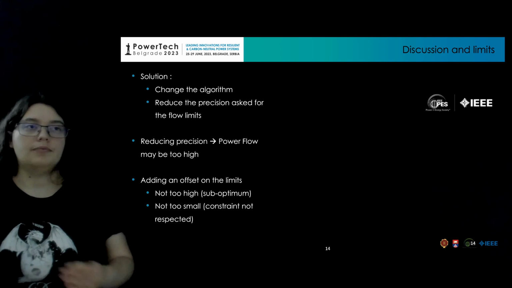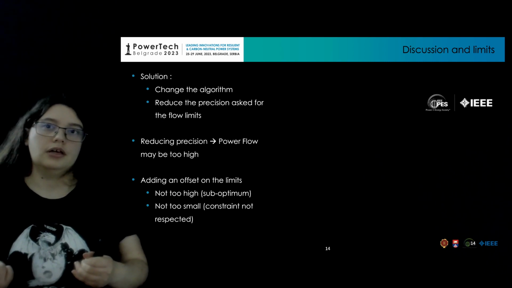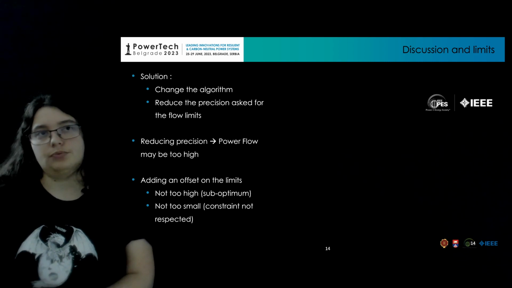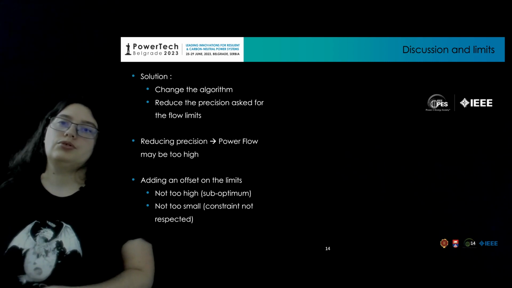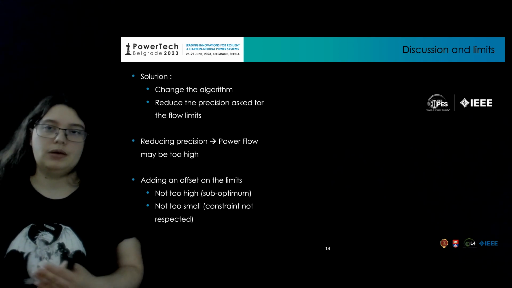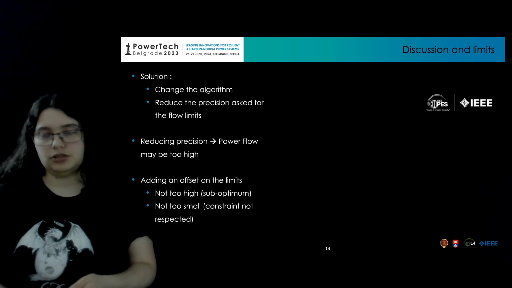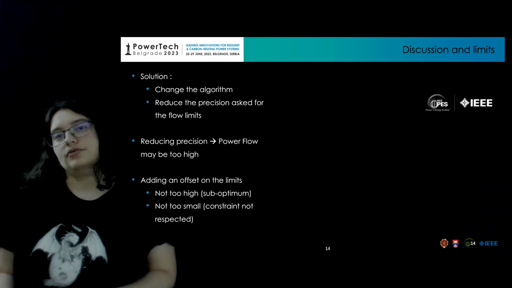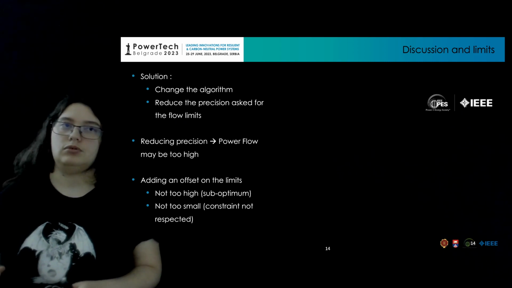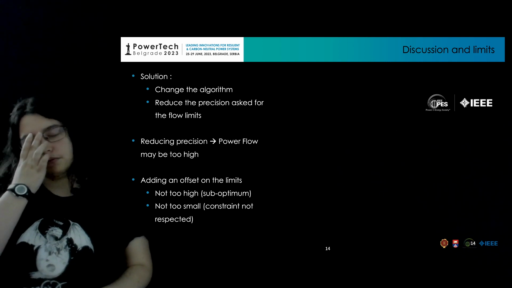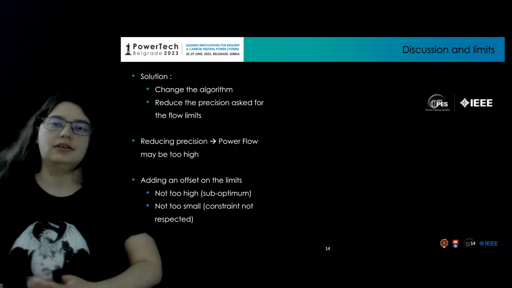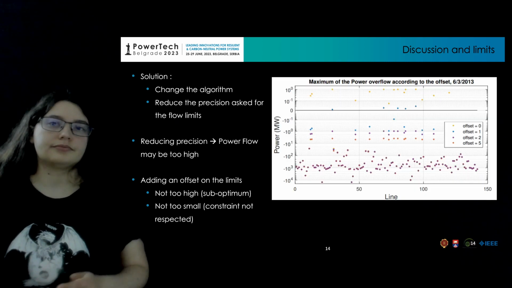So my solution can be to change the algorithm or to reduce the precision asked for the power flow limit. But if we reduce precision, the power flow may be too high in the line, so I choose to add an offset on the limits. This offset must be not too high because it will give a suboptimal solution, but not too small because the constraint may not be respected.